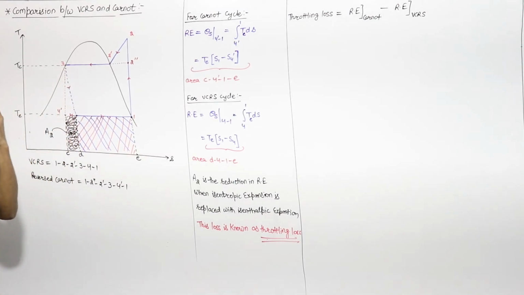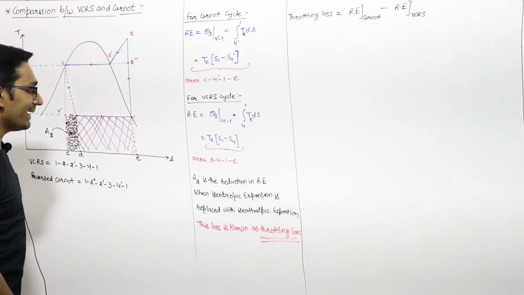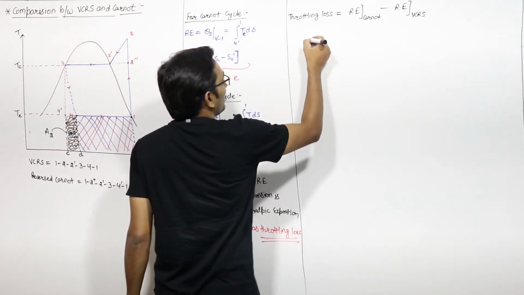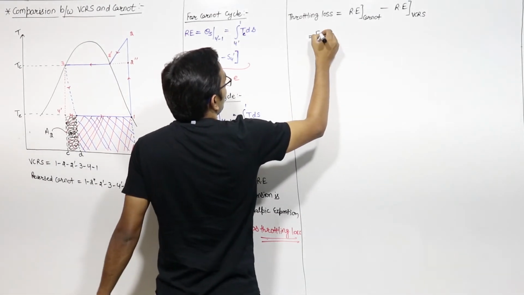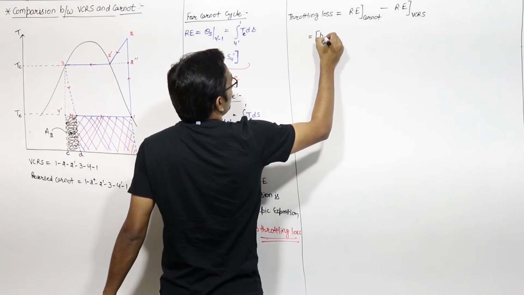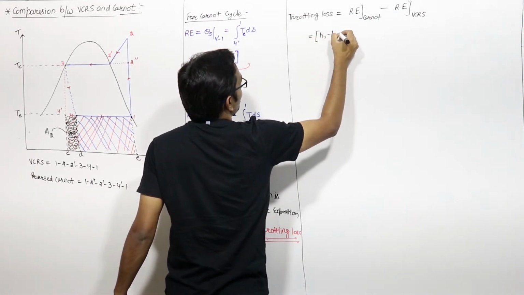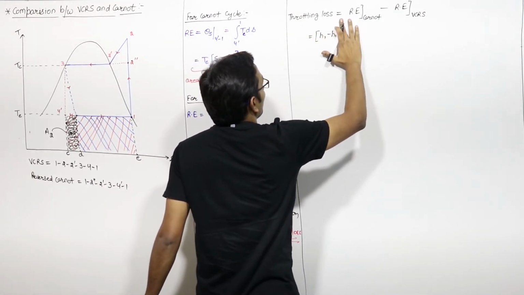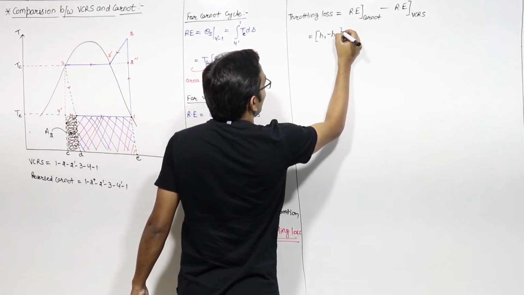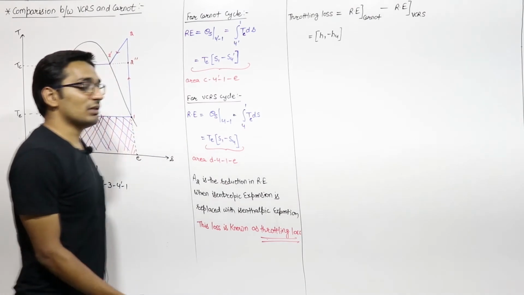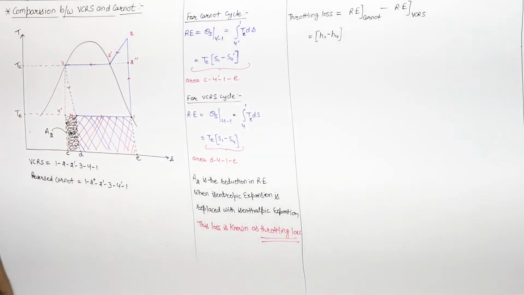The refrigeration effect of the Carnot cycle will be H1 minus H4 from the steady flow energy equation, if I neglect the changes in kinetic energy and potential energy.